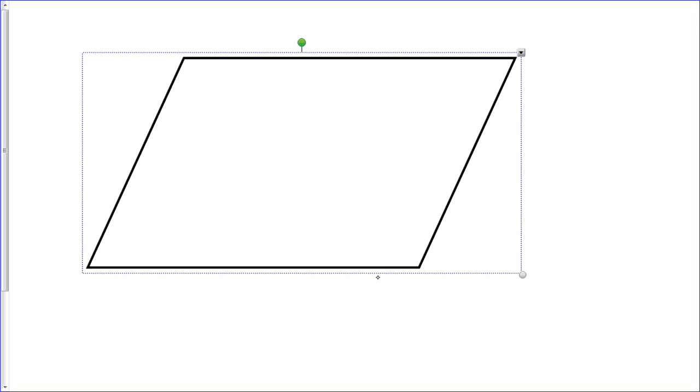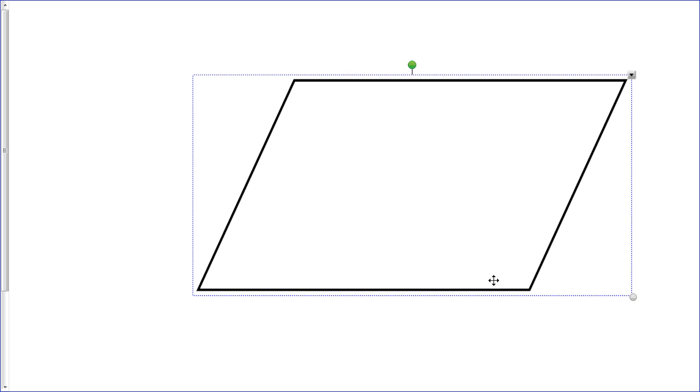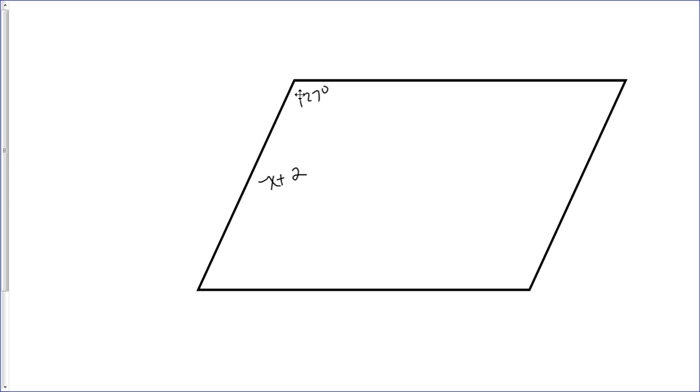Let's do a U try. Go ahead and write down the question and copy this into your notes and then answer it. Say this side here is x plus 2. This is 127 degrees. And this side is 2x minus 3.